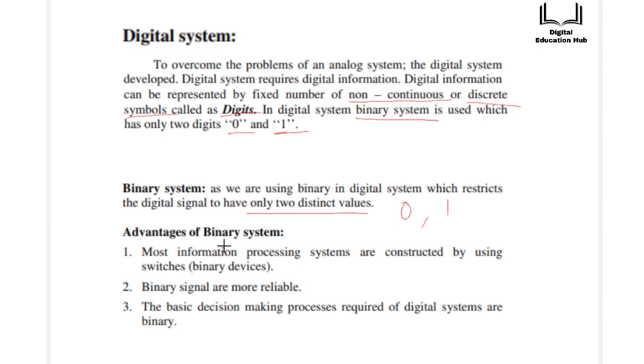What are the advantages of digital systems over analog? As I told you, we use this to overcome the effect of noise. The digital system is immune to noise, that is, it does not get affected by other factors or noise factors. The information in the digital system is precise and accurate.